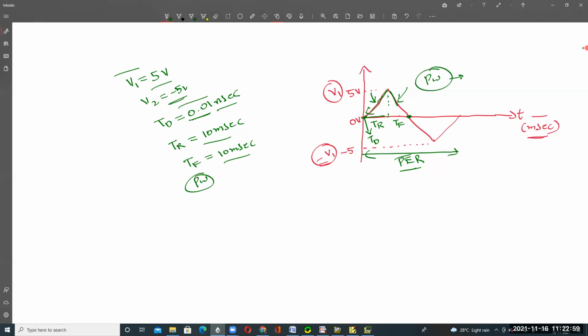If a pulse width is there, then you will get this type of waveform. If the pulse width is high, you will get this type of waveform, from one peak to another peak. This is called the pulse width.